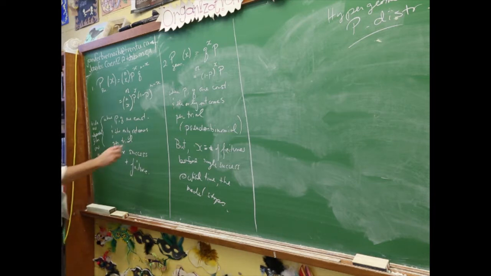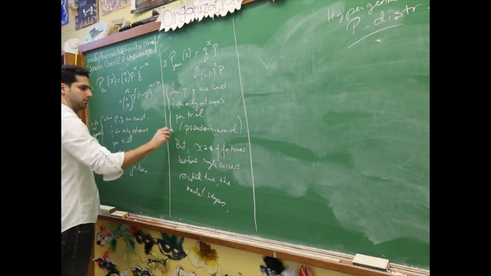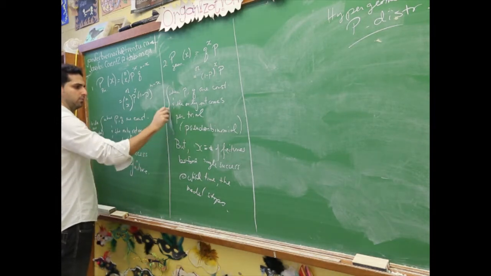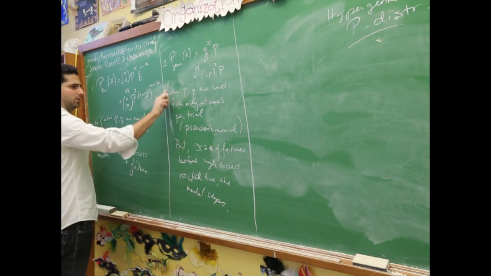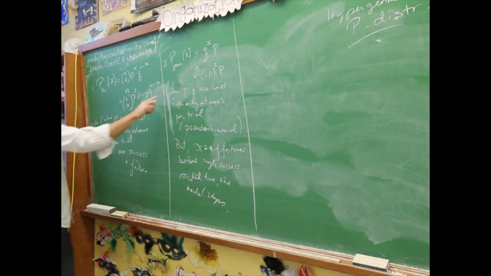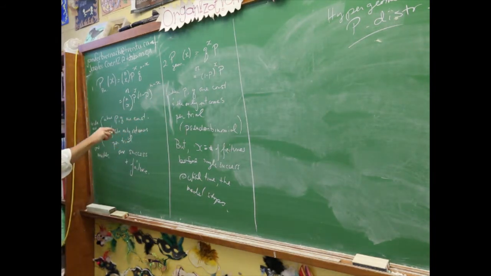And this is also saying the same thing. Did I write P and Q are constant? Oh yeah, right here. This actually should only be here. The fact that it's only P and Q has nothing to do with it.